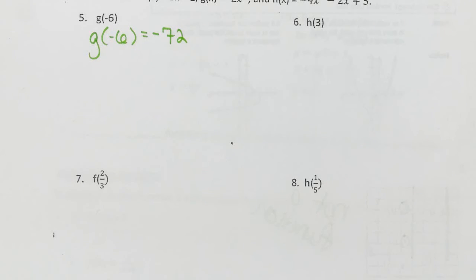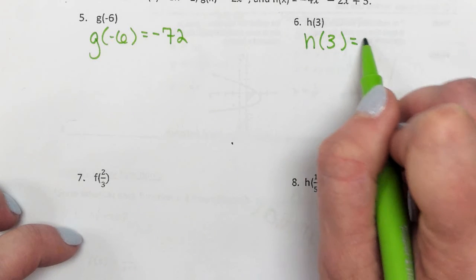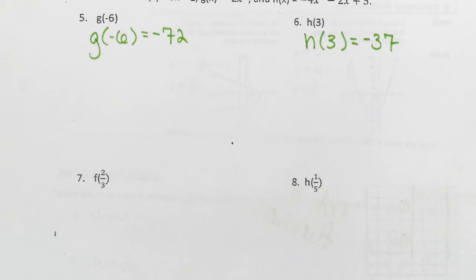Negative 37? Do we need to go over that one? No? Negative 37? 1 minute. Go ahead and pack up, guys.